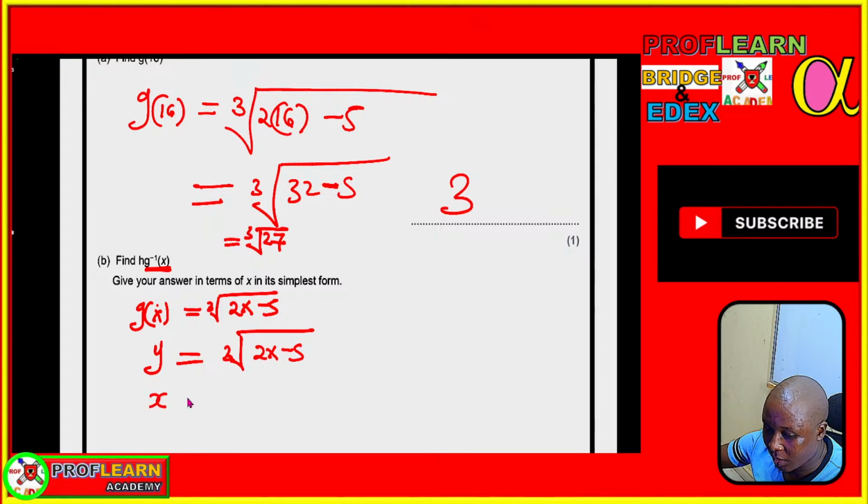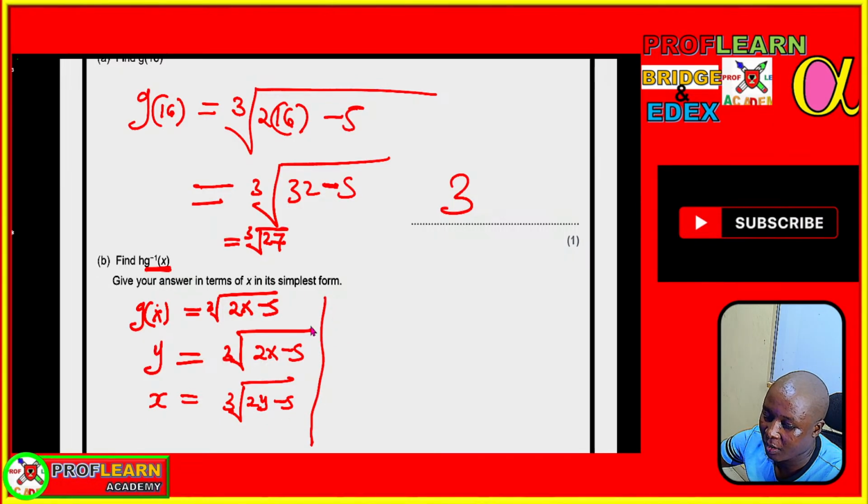So this will be x equals the cube root of 2y minus 5. Then we are going to make y the subject of the formula by cubing both sides, raising to power 3. So we shall have 2y minus 5 is equal to x raised to power 3.